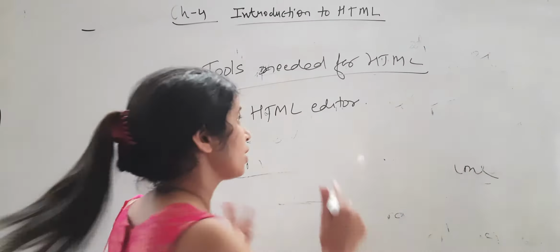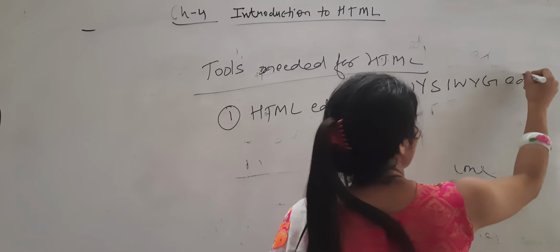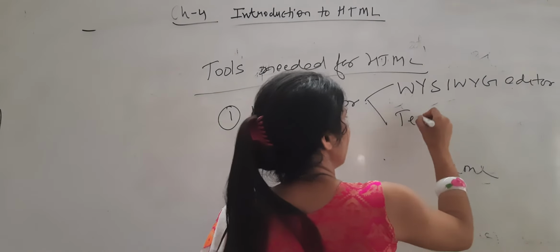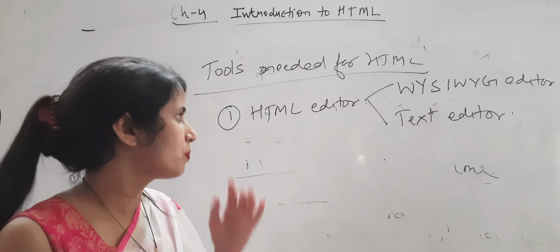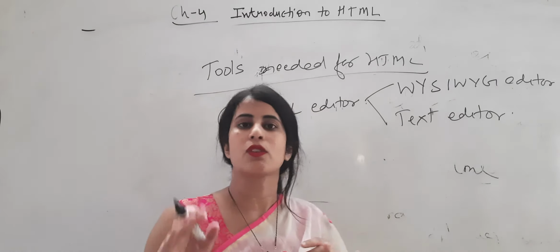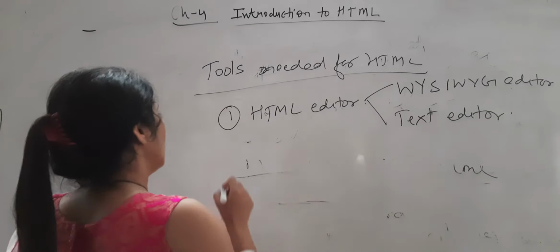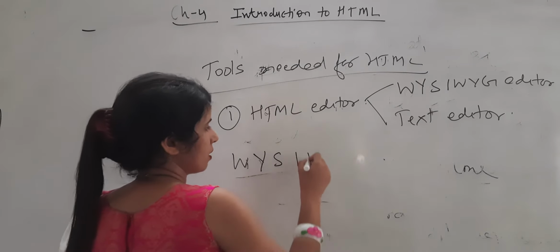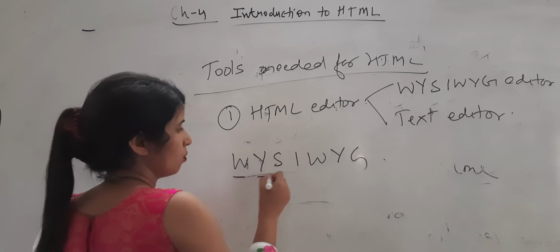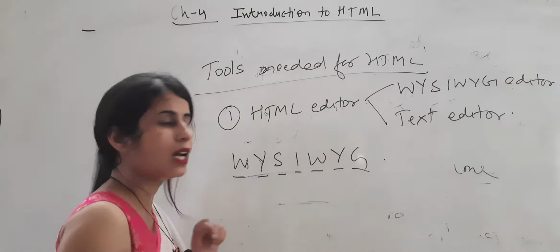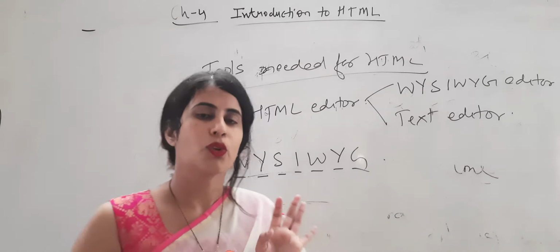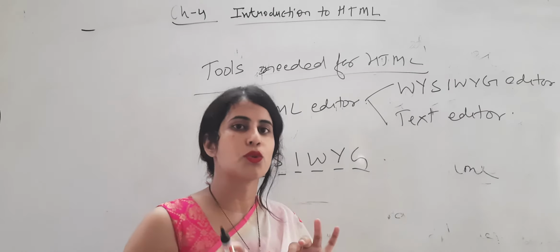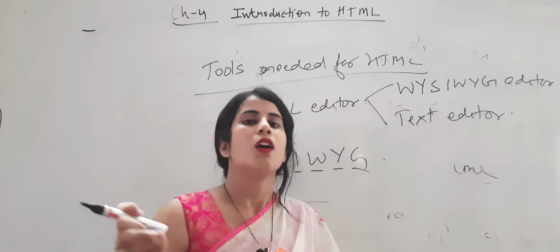HTML editors are of two types. First is the what you see is what you get editor, the full form of WYSIWYG. What you say is what you get. This editor is mainly used to add graphic features in the web page.